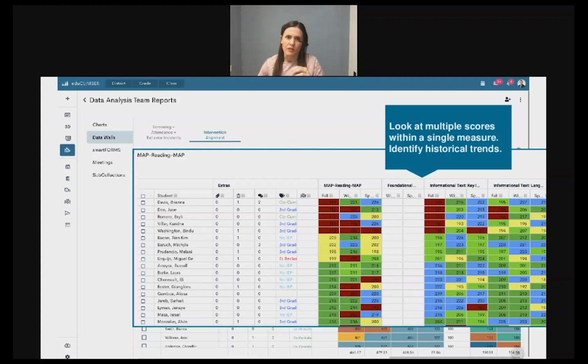It's really important that you look at that data long term, not just the one data point, because we're looking at trends and patterns when we're identifying the specific skill needs of a student. And again, the greater the need, the more time we should be taking to align the intervention.